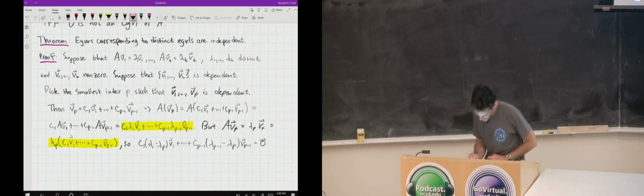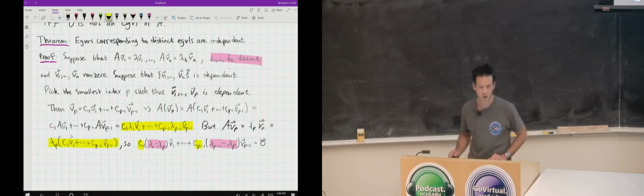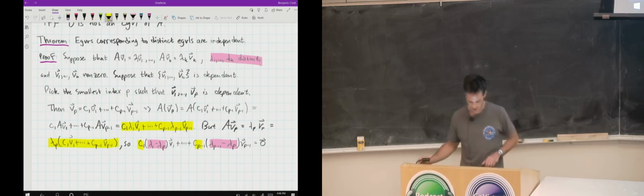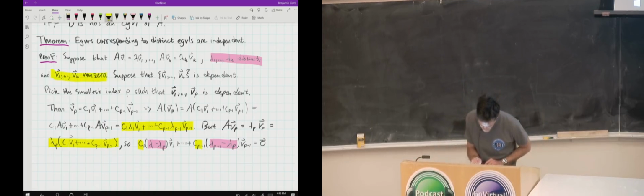Look at all these coefficients: the lambda differences are non-zero, because all of the eigenvalues are distinct. And furthermore, the c's can't all be 0 either, because that would imply that vp is 0, and we already said all the v's were non-zero.